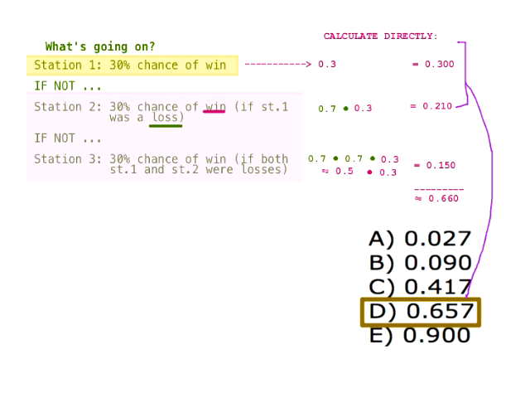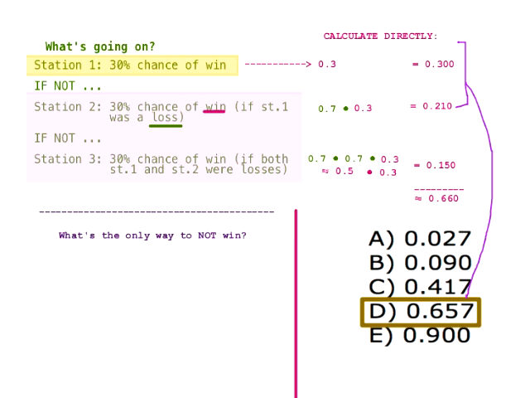Notice there's so many ways of doing that. But we can just talk about the reverse method, right? What's the only way in which this doesn't happen? If this doesn't happen, what's the only way to not win? Yeah, the only way to not win is lose, lose, lose, right? Lose on all three stations.